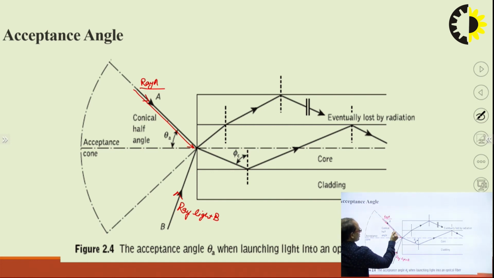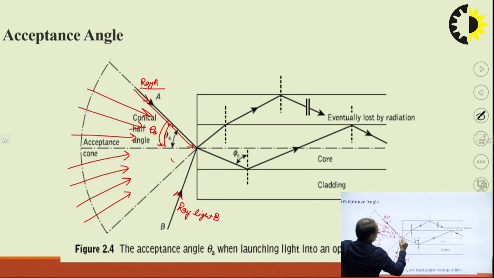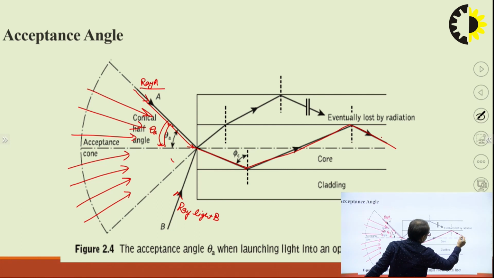Acceptance cone, that is theta A. The rays which enter into the optical fiber cable within the acceptance cone area or within the acceptance angle will all follow what? They will follow the total internal reflection.